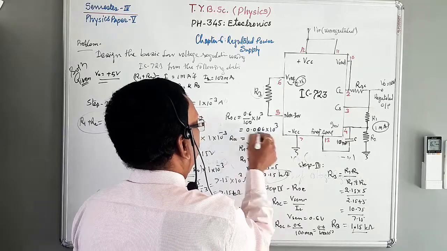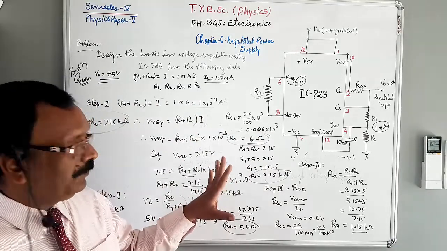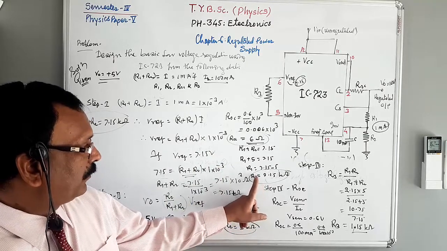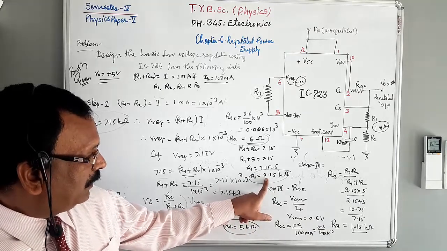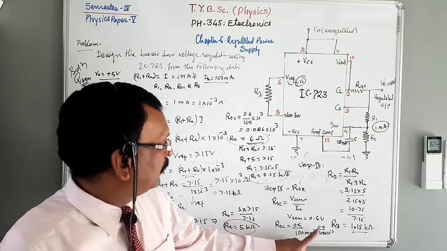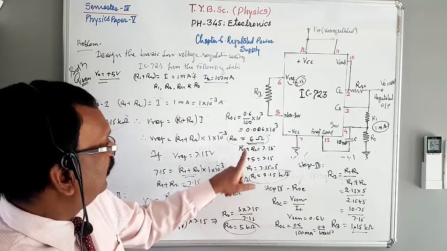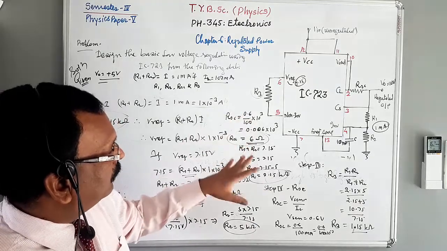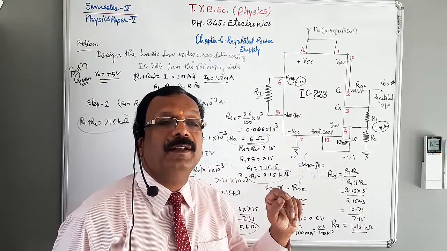So you also find out this value. When you design the value of R1 as 2.15 kilo ohm, R2 as 5 kilo ohm, R3 as 1.5 kilo ohm, RSC as 6 ohm, and you put these resistors in this circuit, then this circuit works properly.